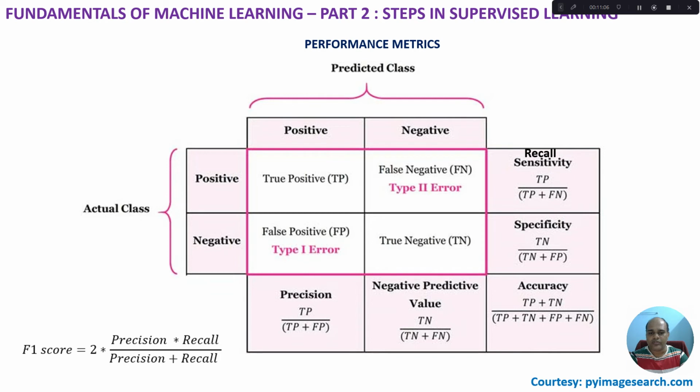Here I show some performance metric terms. Let me explain it with an example. Let us consider I have an input image which contains a cat. Let us assume I have a cat, something like this.